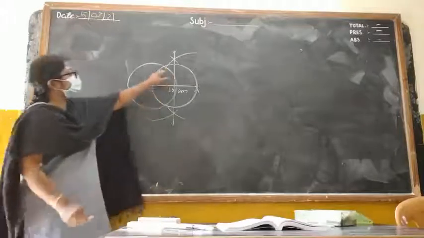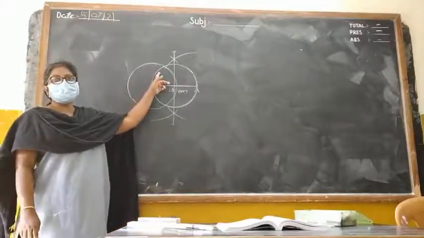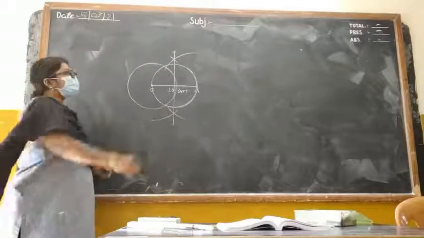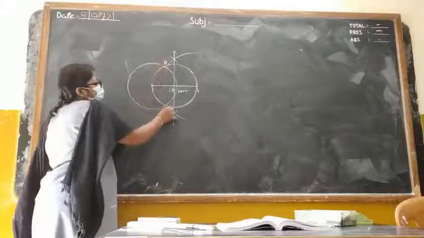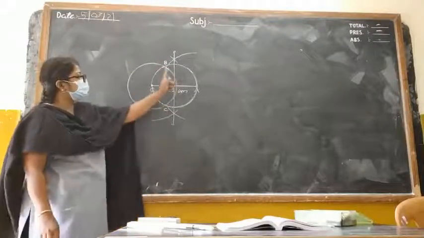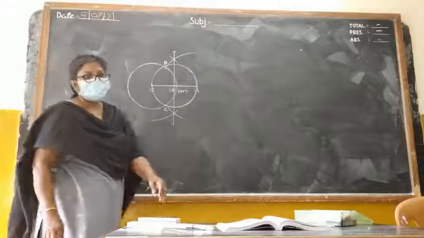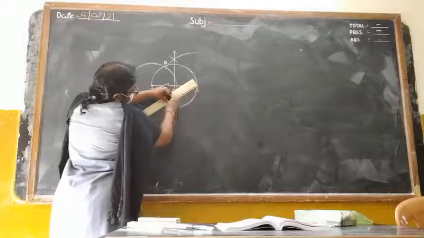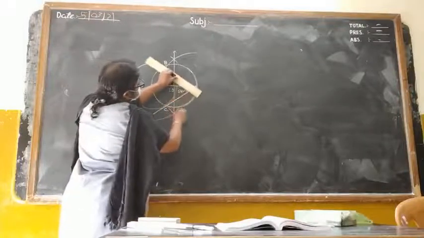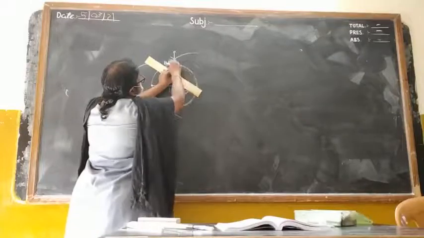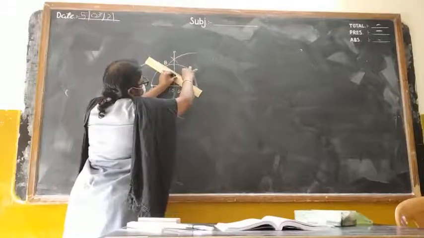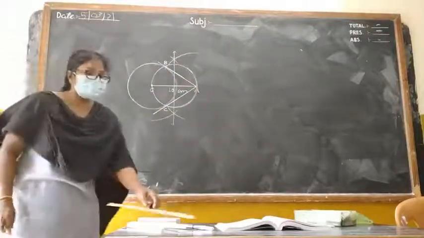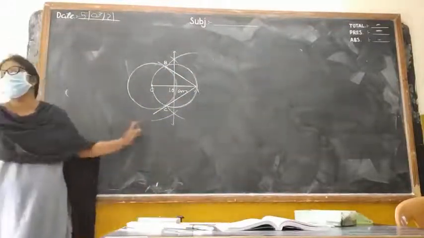Now that circle will touch the first circle at 2 points. So mark that B and C. Join AB and AC. It's not triangle, it is a tangent. So AB and AC are the required tangent.